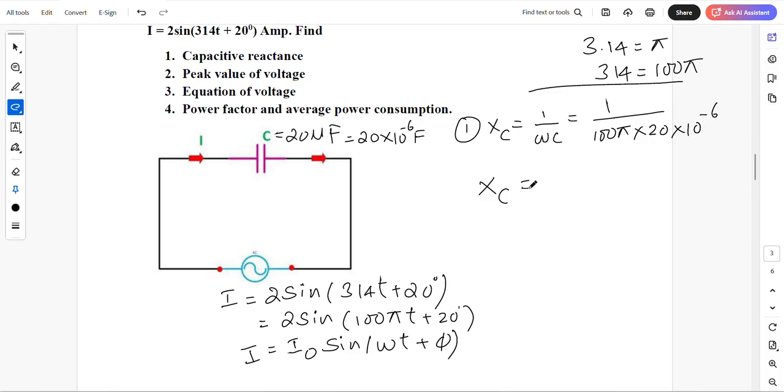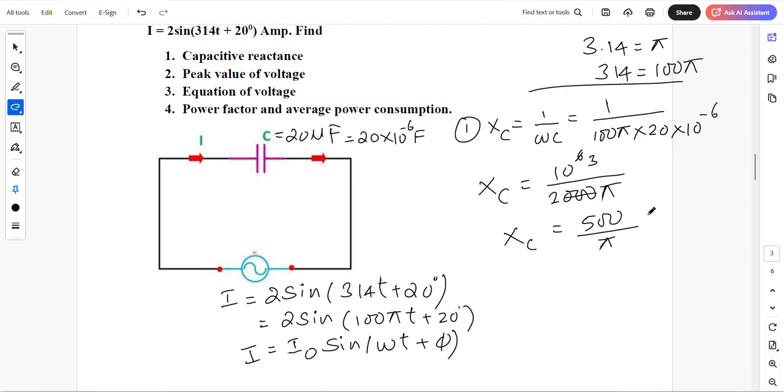Sending the 10 to the power of minus 6 to the numerator, it becomes 1000000 divided by 2000 pi. Xc: the zeros I can cancel. 1000 by 2 is 500. So 500 by pi I will get. Xc is 500 by pi.